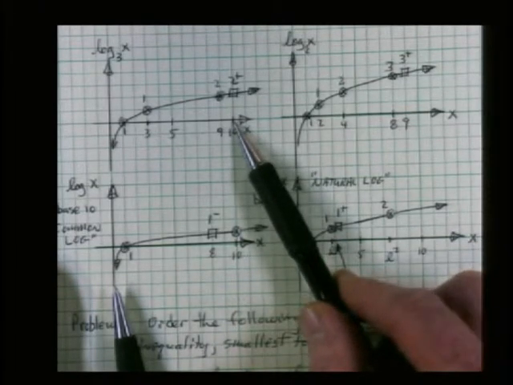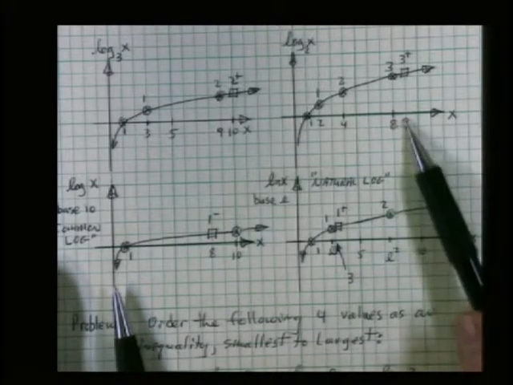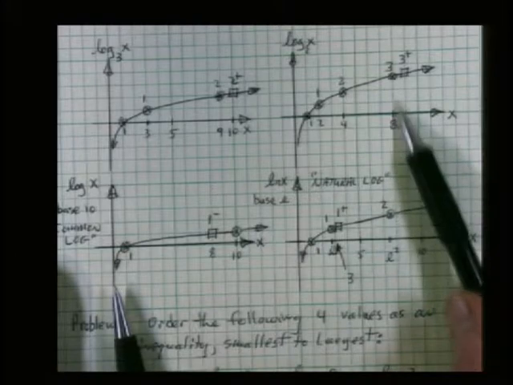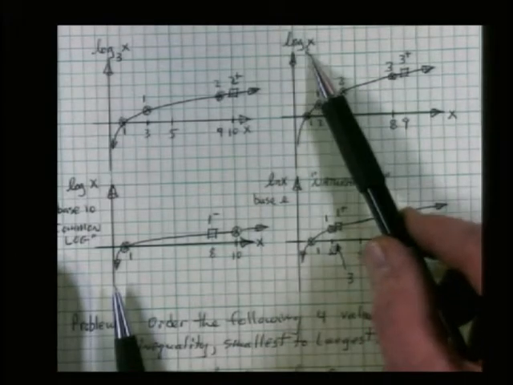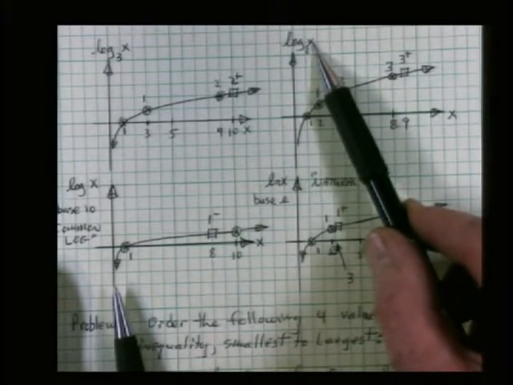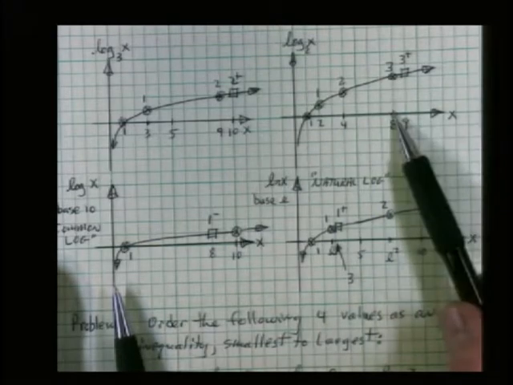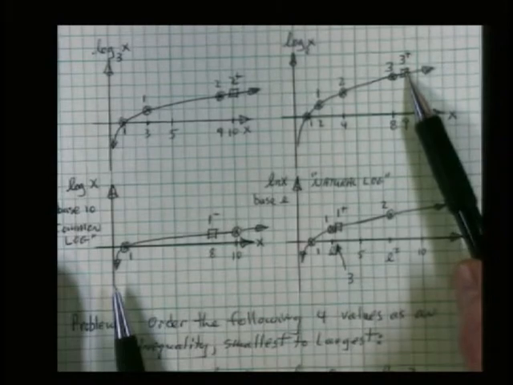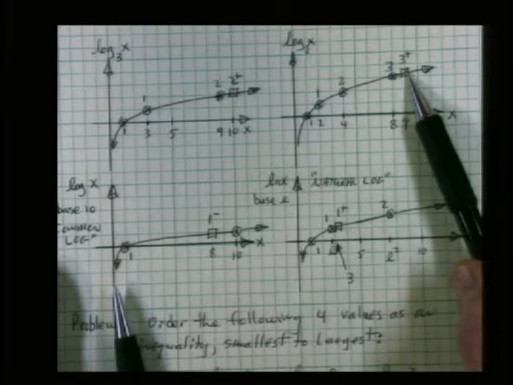Look at these other graphs. Log base 2 of 8 happens to be exactly 3. What's the exponent of 2 that gives you 8? The height would be 3. And the log base 2 of 9 is a number a touch bigger than 3. You can see it right there.